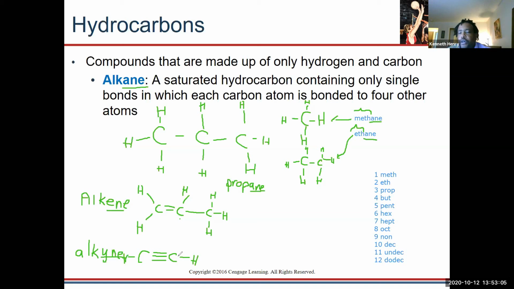What do you think it's going to be called? Three carbons. It would be pro, and I forgot how to say the E-N-E, but ene, with the E-N-E at the end.